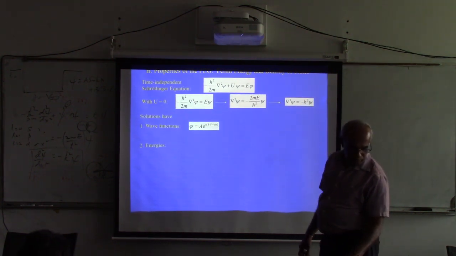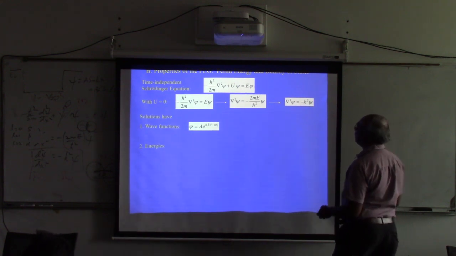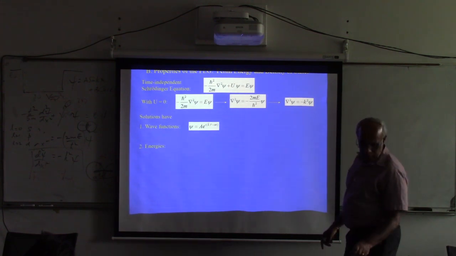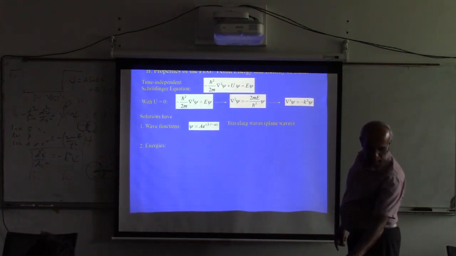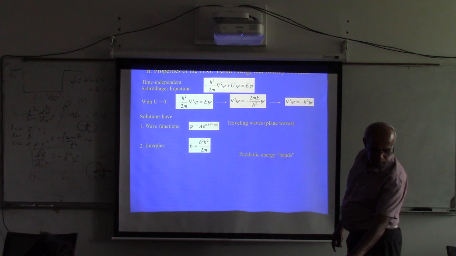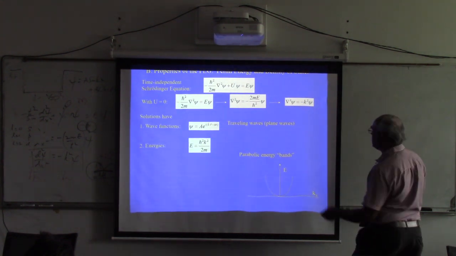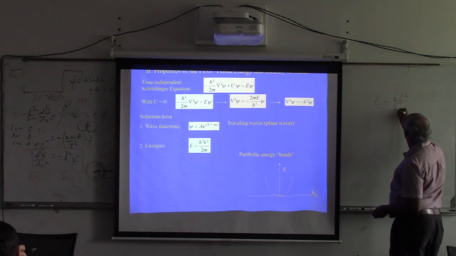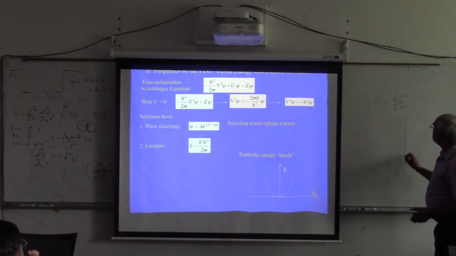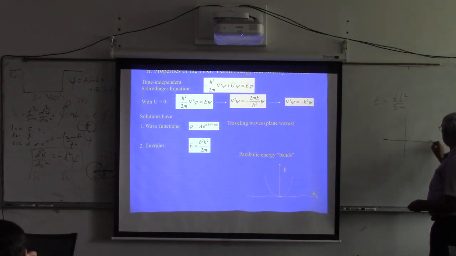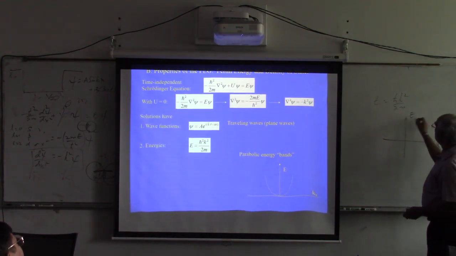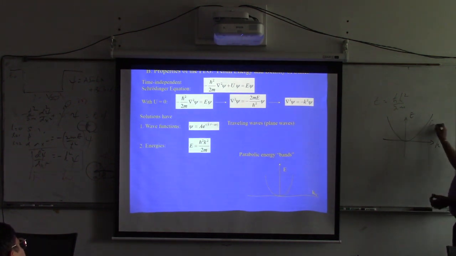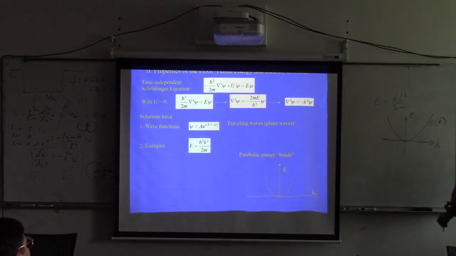Then the wave function, if you write it this way, is e to the i k dot r. That's basically a traveling wave, which we already talked about. So E equals ħ squared k squared over 2m. This is a parabola in k vector, and this is actually the dispersion relationship.